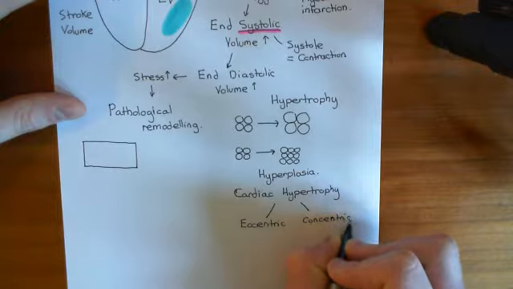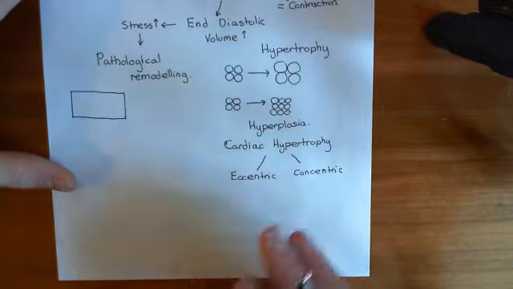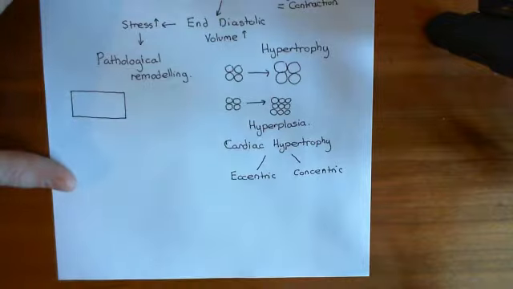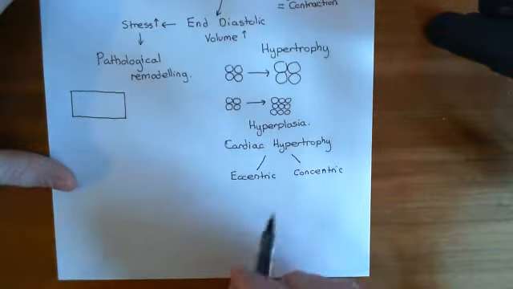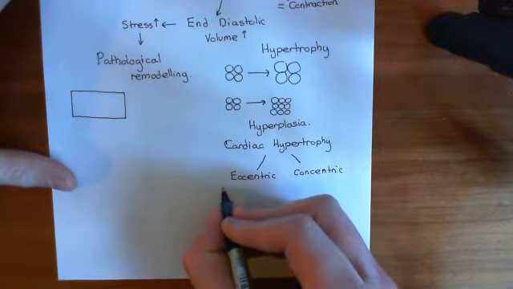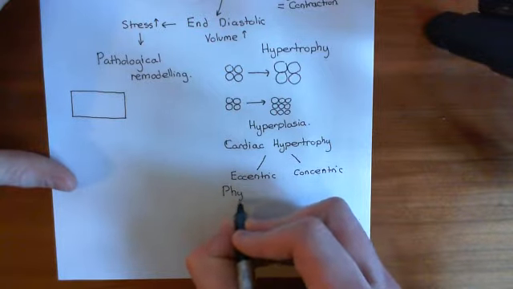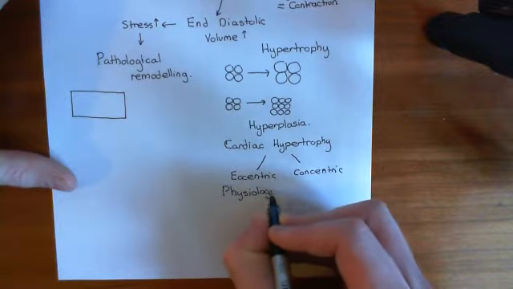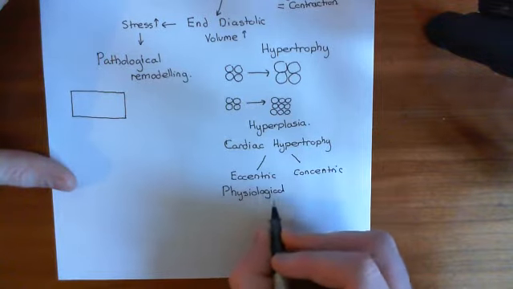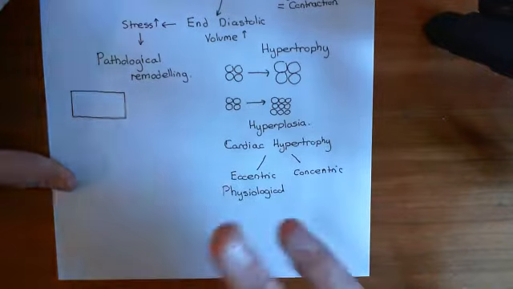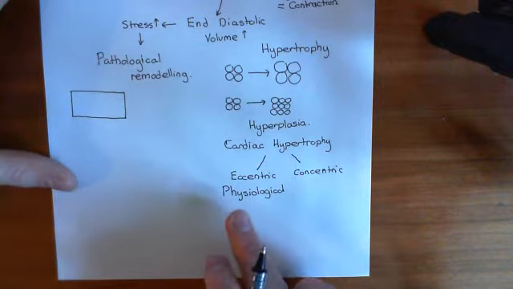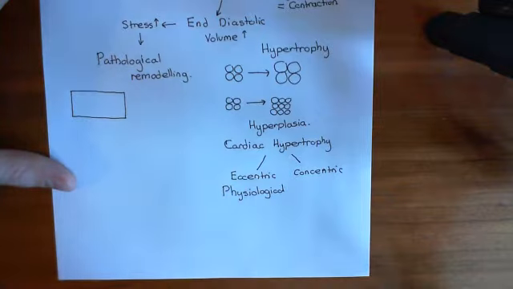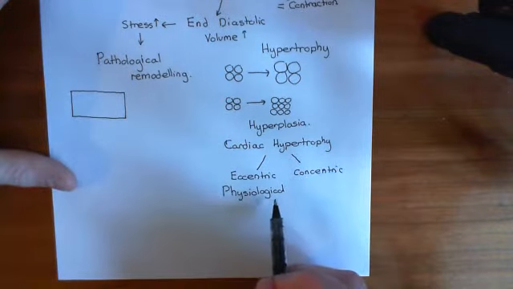Okay, now eccentric cardiac hypertrophy, which is a word that I'm struggling to say this morning, is the form of hypertrophy that occurs under physiological circumstances. So if you undertake regular exercise, and if you're training maybe to become a world-class athlete, your heart will need to be able to pump a greater amount of blood in a minute, i.e. you're going to need a greater cardiac output to feed your muscles.